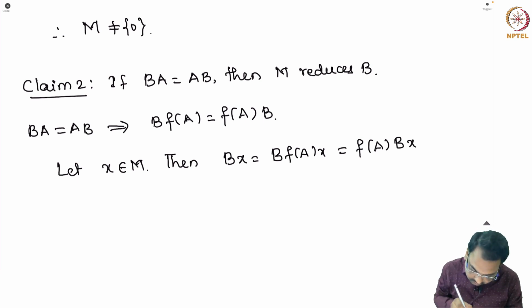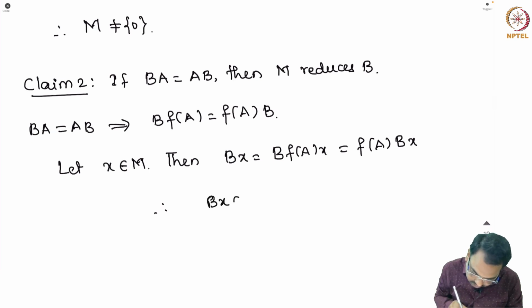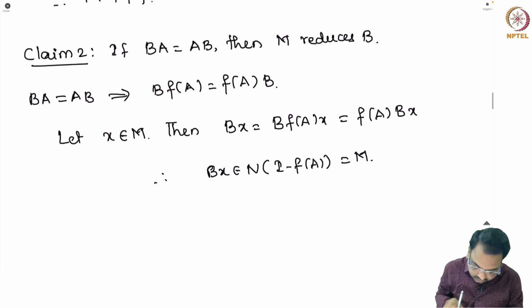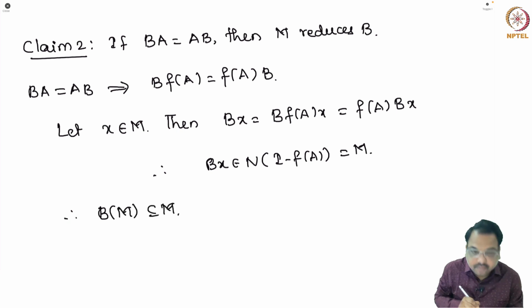So therefore we can say that B of x is in the null space of I minus f of A, and that is nothing but M. So this shows that M is invariant under B. B of M is contained in M.